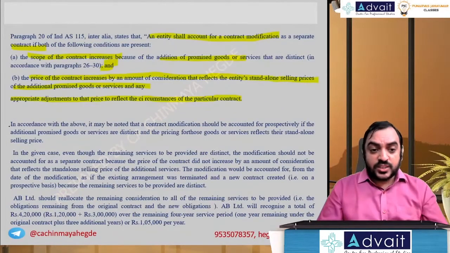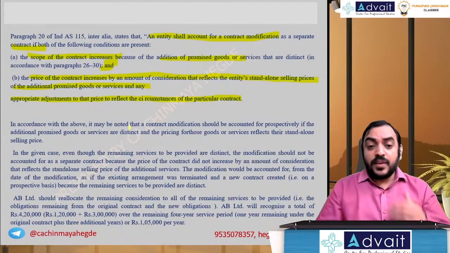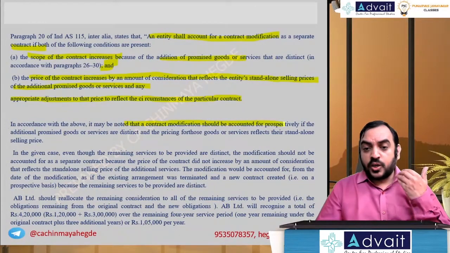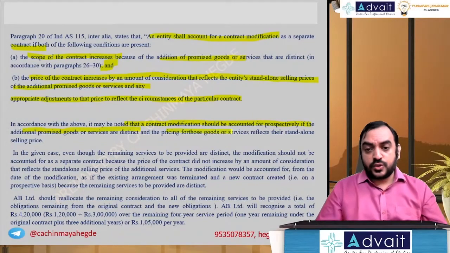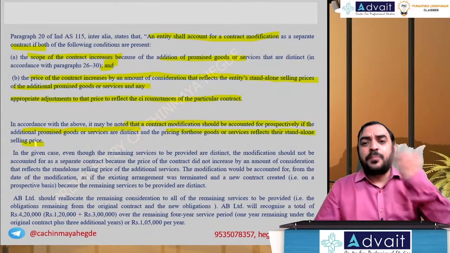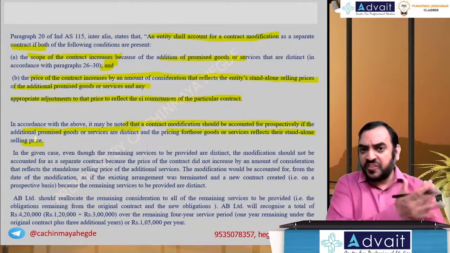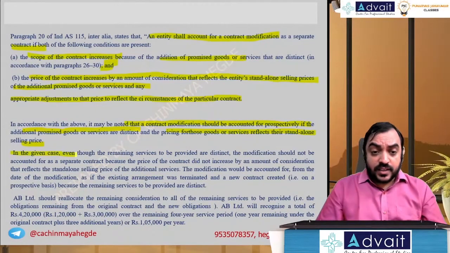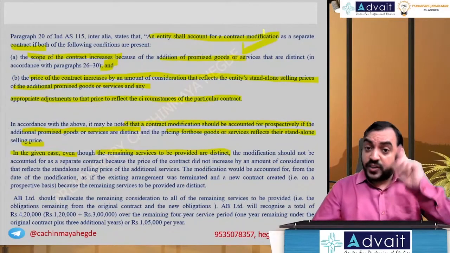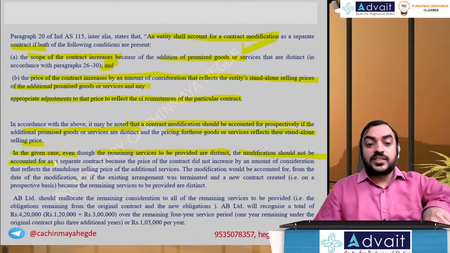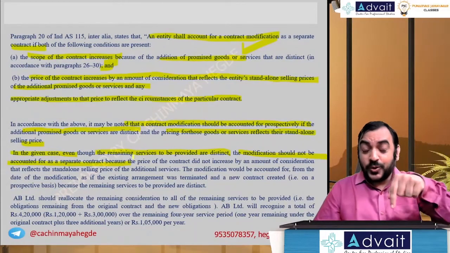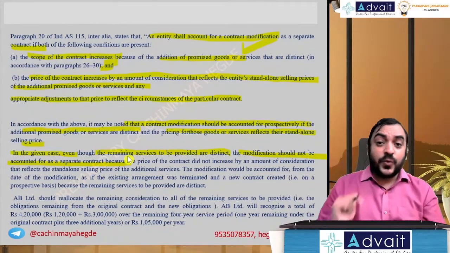So in accordance with the above, it may be noted that the contract modification should be accounted for prospectively. If additional goods are distinct and the price reflects the standalone selling price, and it is a separate contract, account for it separately, with no modification of the existing one. In the given case, even though the remaining services are distinct, the first point is satisfied. But the modification should not be accounted for as a separate contract, because just a distinct service is not sufficient.